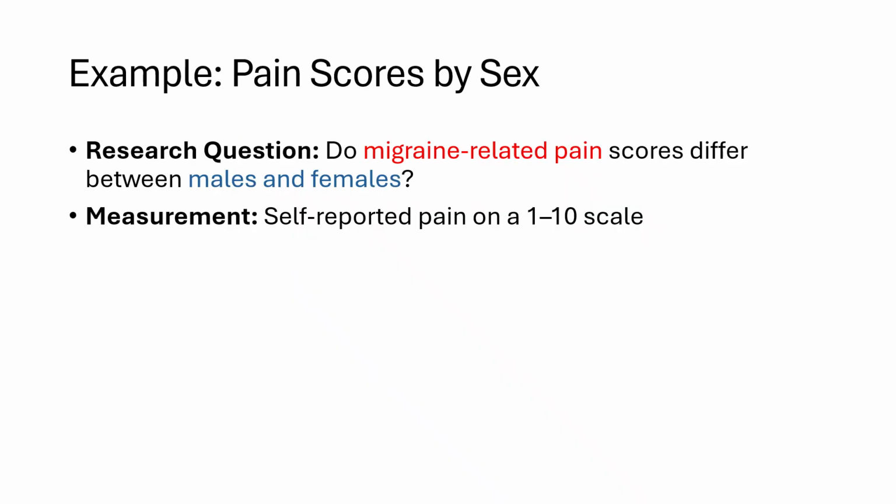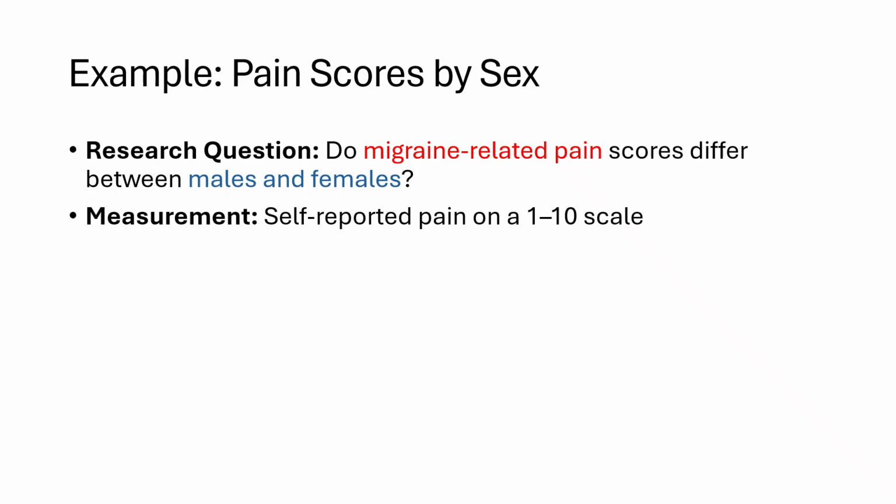Let's try to understand the calculation of ANOVA with this simple example: pain scores by sex. Do migraine-related pain scores differ between males and females? The measurement would be self-reported pain on a scale of 1 to 10.